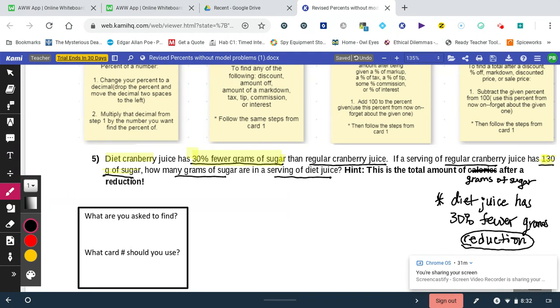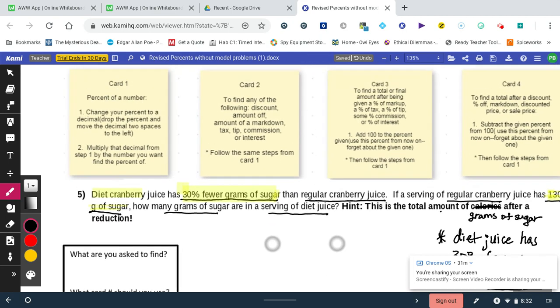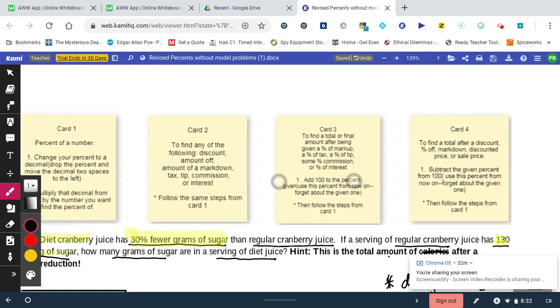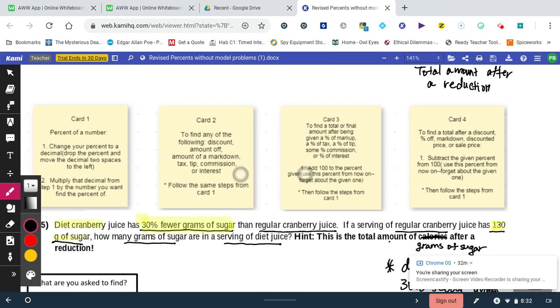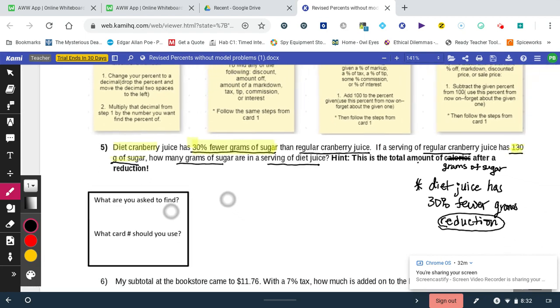Okay, so what you're going to do is just go back to the hint. This is a total amount of grams of sugar after a reduction. So you're looking for a total amount again after some reduction. So card 4 deals with a total amount after a reduction. So we're going to use card 4. Just what are we asked to find?